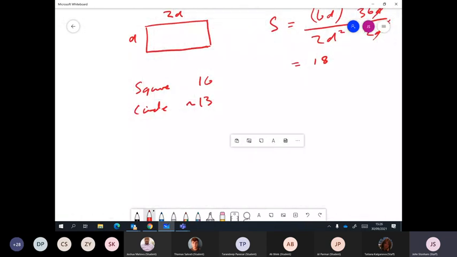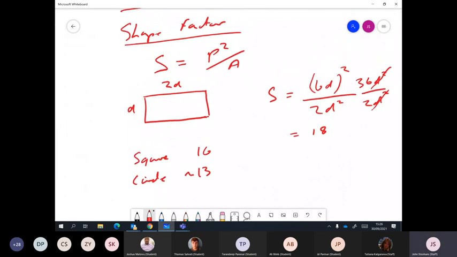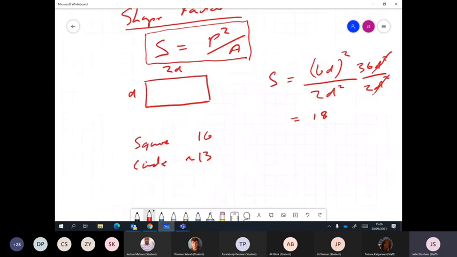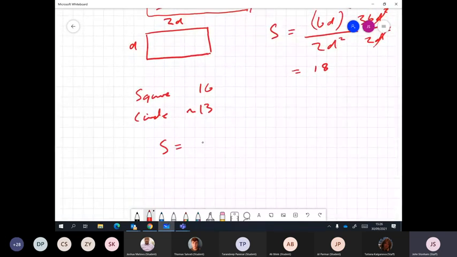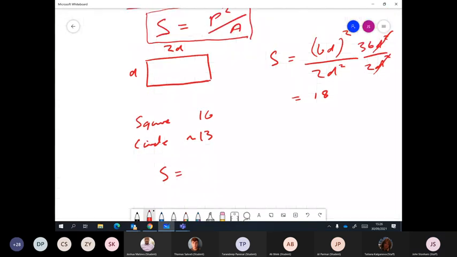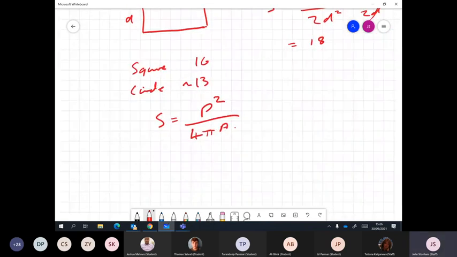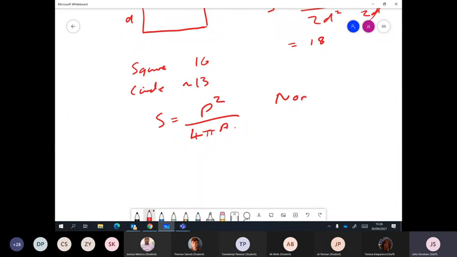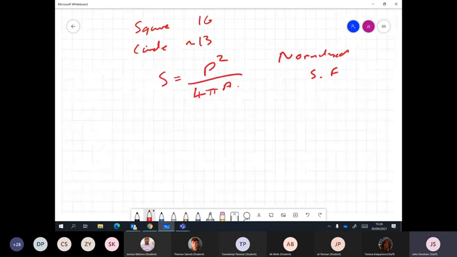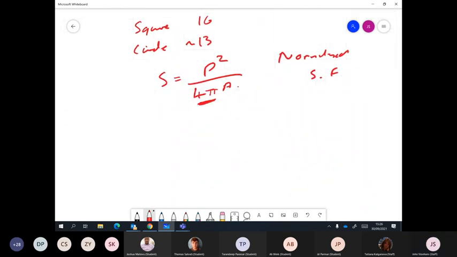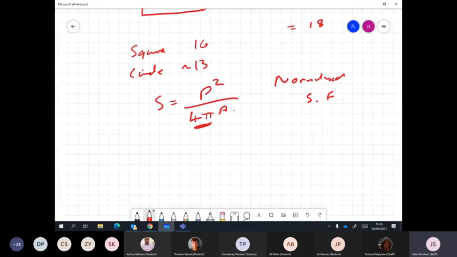Right, now if you've been doing some reading on shape factor, you will find in the notes, if you do a Google search, they don't use this simple version of the equation I've used. You have most probably come across S equals perimeter squared divided by 4 pi times the area. This is the normalized shape factor. The 4 pi here is the shape factor of a circle.